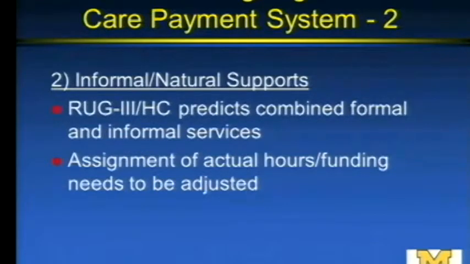Whereas somebody else who has nobody around, living by themselves, nobody nearby who can help them, you may be providing them more than 14 hours of care. Both of these issues, the informal and natural support services as well as the payment design, these are soluble problems. We are doing this in other states, but I want to raise it as being issues that will have to be decided in design of a home care payment system.